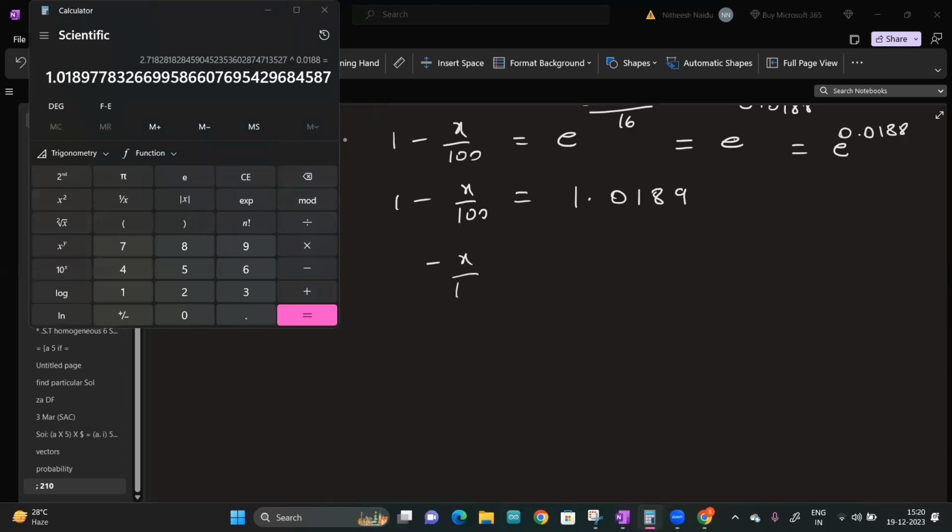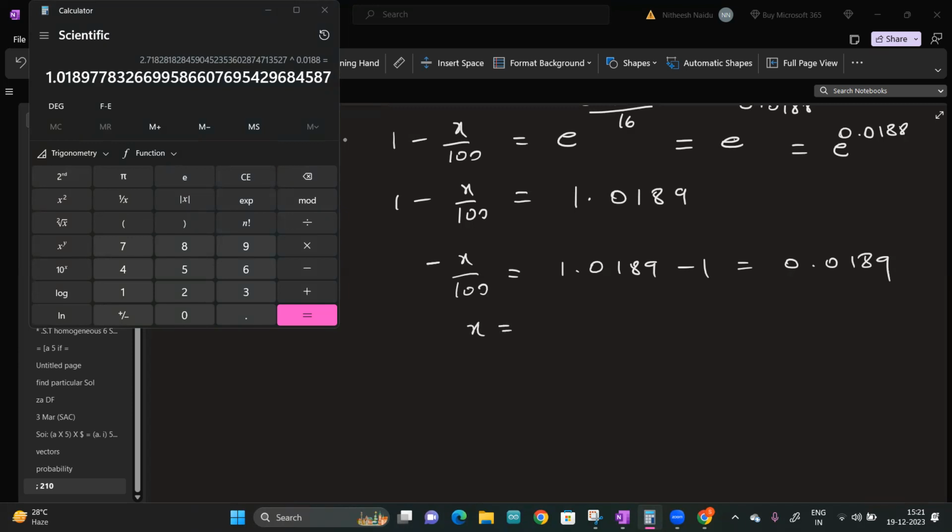So minus X by 100 is equal to 1.0189 minus 1, which is 0.0189.